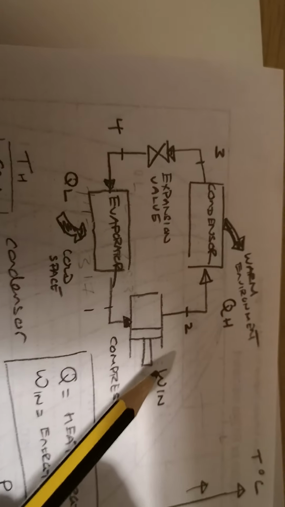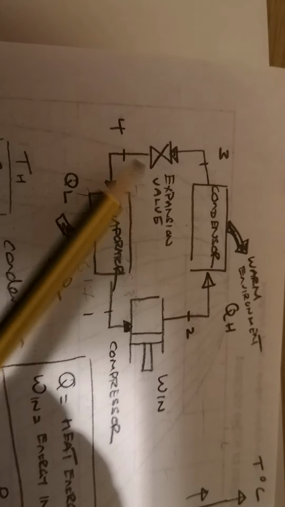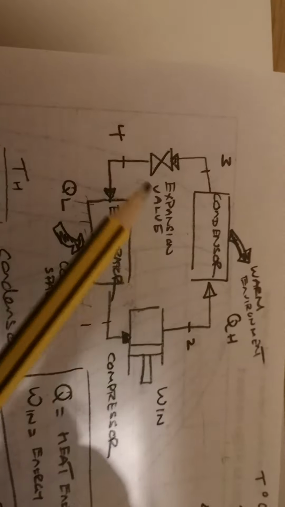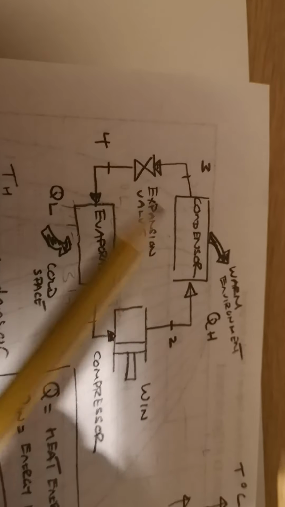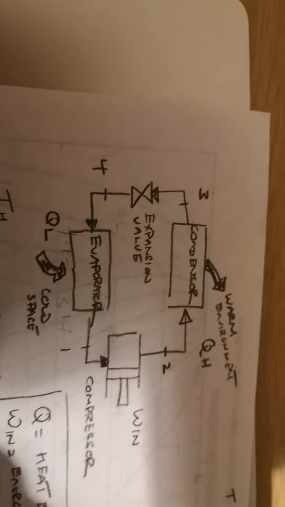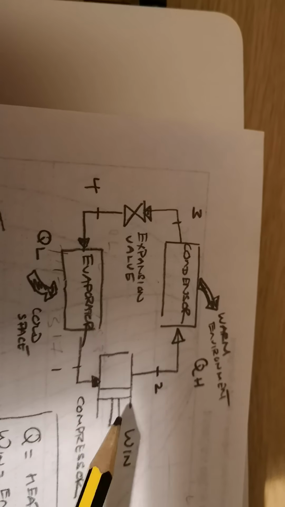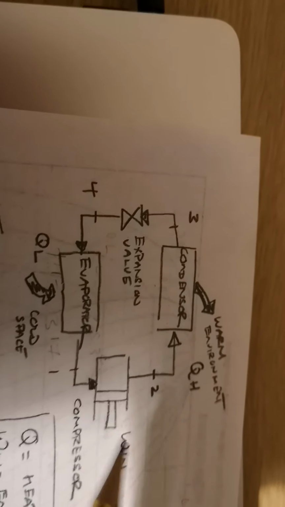You've got the evaporator, the compressor, the condenser, and then the expansion valve, sometimes called throttle. They are slightly different, but they do the same thing more or less. But for this case, just keep it as the same. Now you've got something called work in, the input into the system.